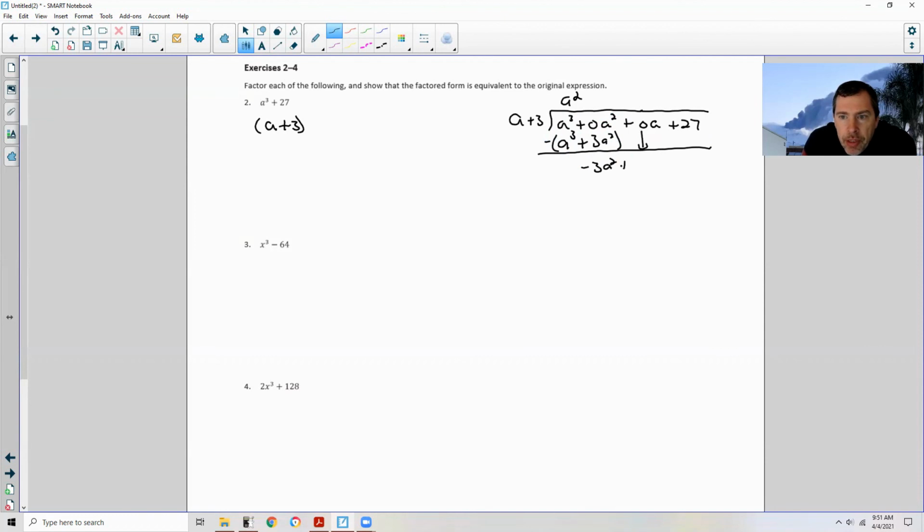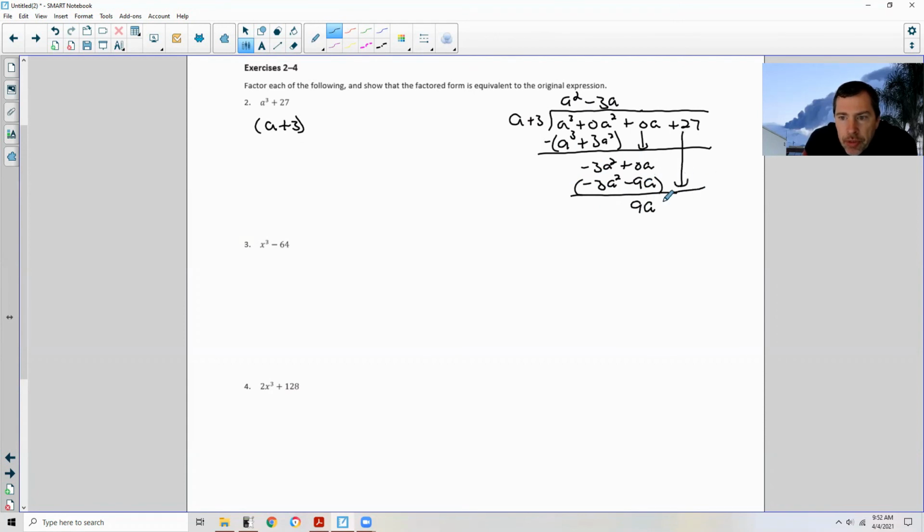Bring down my plus 0a, and I need a negative 3a here to get negative 3a squared, and then minus 3a times 3 is 9a. And then when I subtract those, I get nothing here. 0 minus a negative is plus 9a. Be careful with your signs.